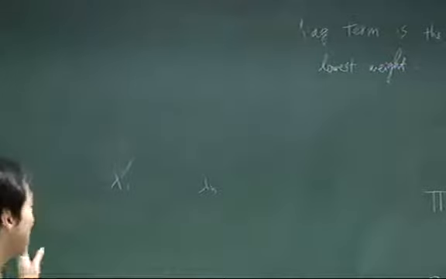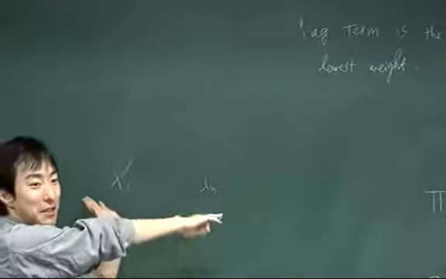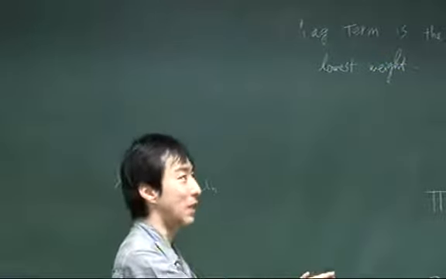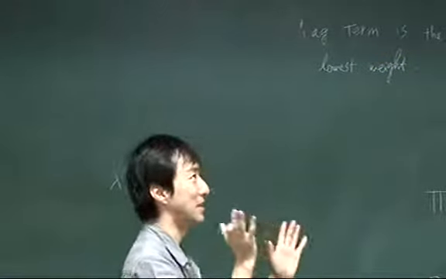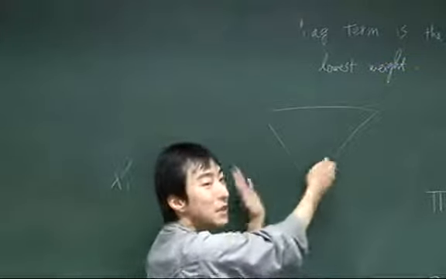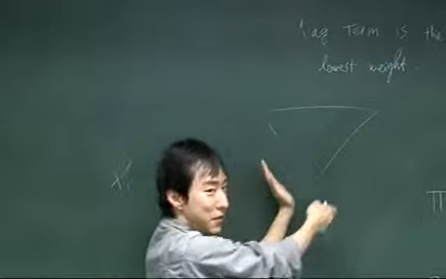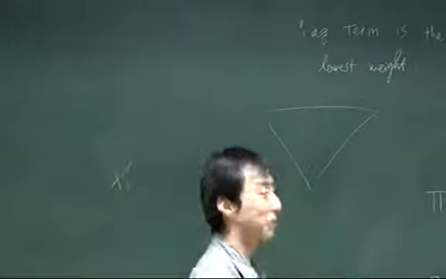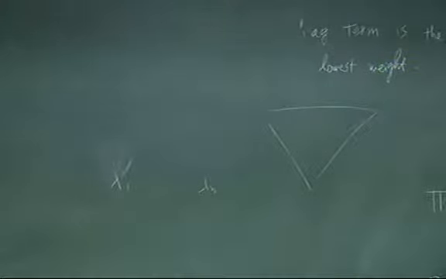So anyway, we start by fixing the data lambda. Then we can construct the Gelfand-Cetlin polytope, defined by inequalities of triangular shape. Then using this polytope, we can construct a toric variety, and this is the Gelfand-Cetlin toric variety.